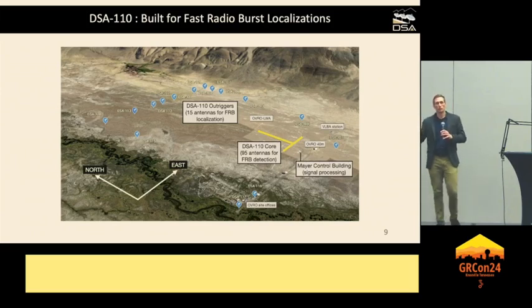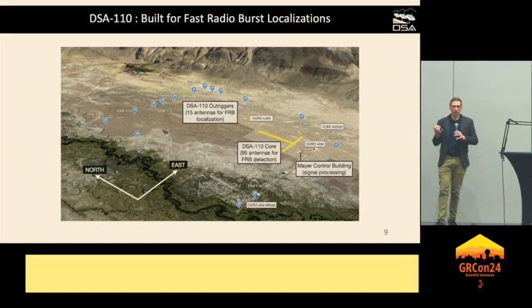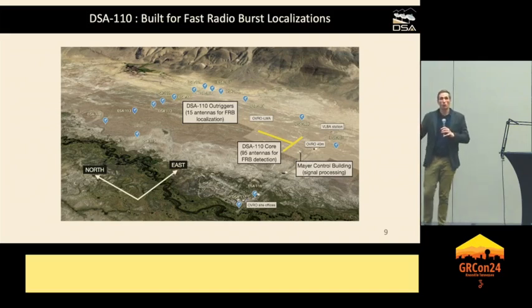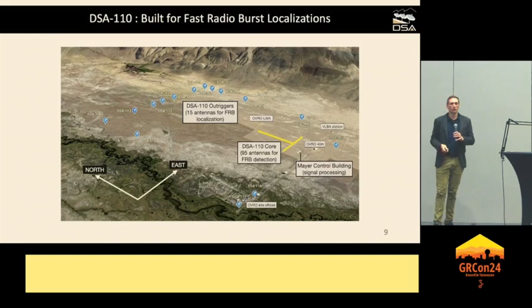Whenever a fast radio burst is detected, we download roughly a couple seconds of data from all the 110 antennas. We correlate them and we image the field. From this imaging process comes localization, because we're going to detect where that blip of energy comes from. So that was our main driver.